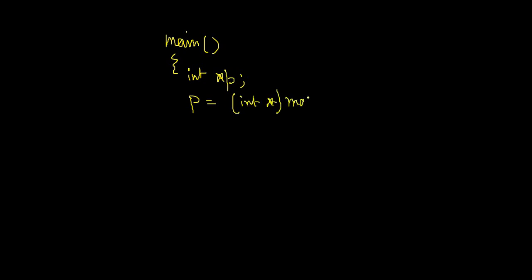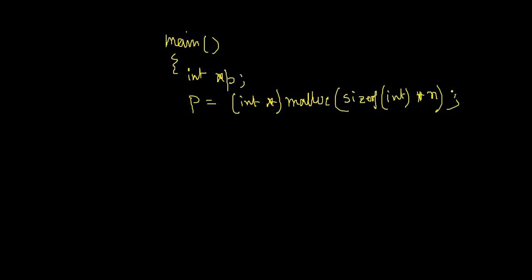Let's write it again. In main, I have written int pointer P, then I'm writing P equal to (int pointer) malloc(sizeof(int) times n).